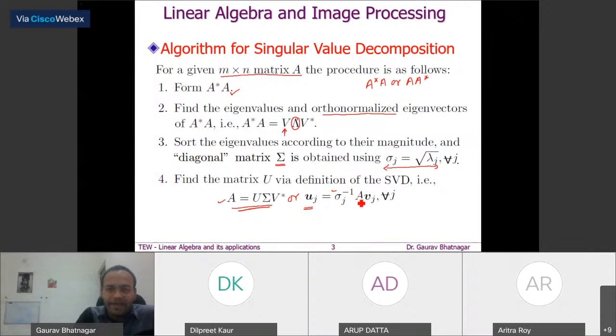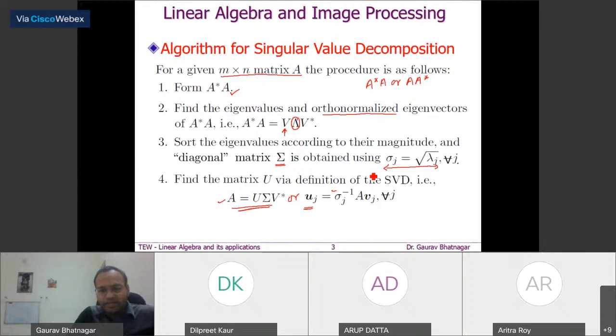So this algorithm can easily be extended for the full singular value decomposition, because in that case you are looking for some extra vectors in either U or V. As long as you can induct different vectors which are orthonormal in nature and orthogonal to the rest of the elements of the matrix U or V, then you are good and you are going to have the full SVD of that particular matrix.